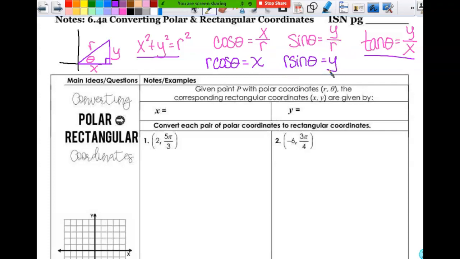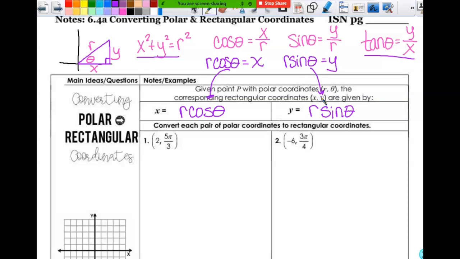So for those of you in AP Physics, mg sine theta, mg cosine theta, that's where all this is starting to connect. So then that means here, x equals r cosine theta, and y equals r sine theta. If we're on the unit circle, r is 1, so it's just sine and cosine, but not always on the unit circle. Okay?